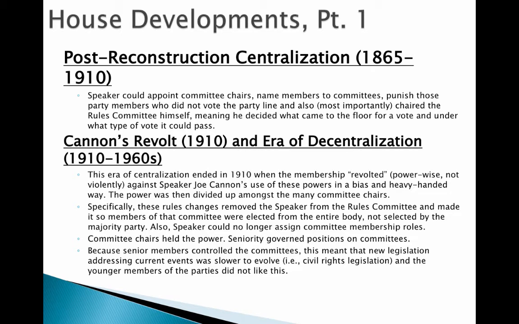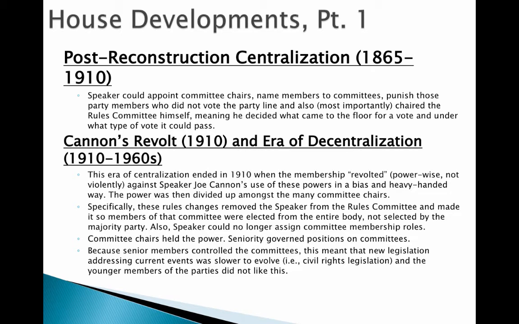Eventually, this became too much for members of Congress, and they revolted. Peaceful revolt, but they revolted nonetheless. And that's called Cannon's Revolt, and it happened in 1910, and that led to the era of decentralization. From 1910 to the 1960s, we had an era of decentralization where a rules change was made that removed the Speaker entirely from the Rules Committee, and members of that committee were elected by the entire body of the House.